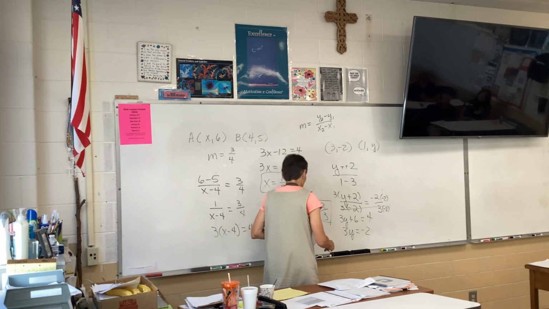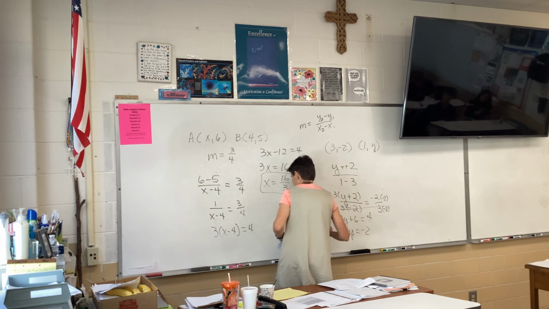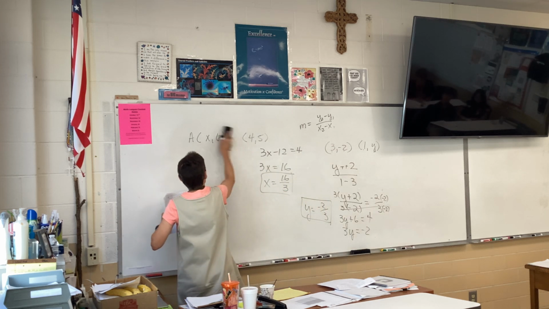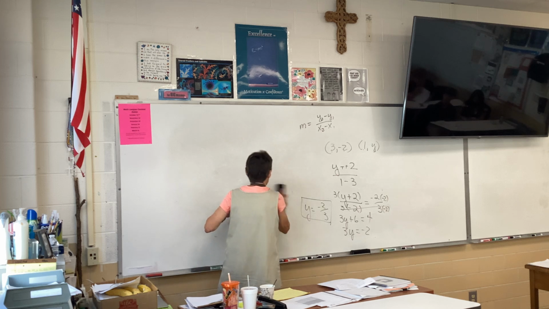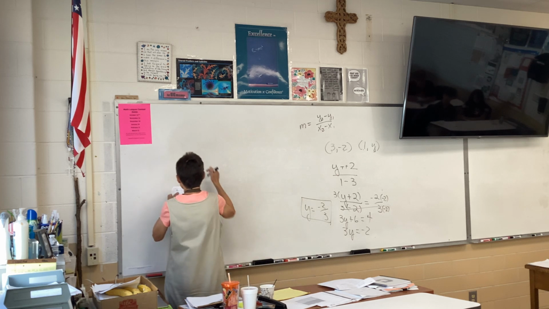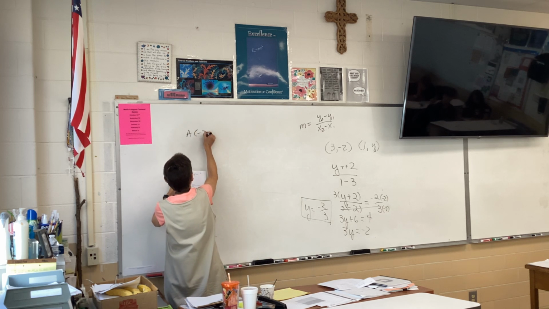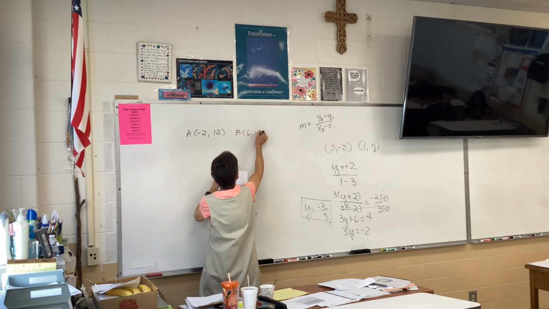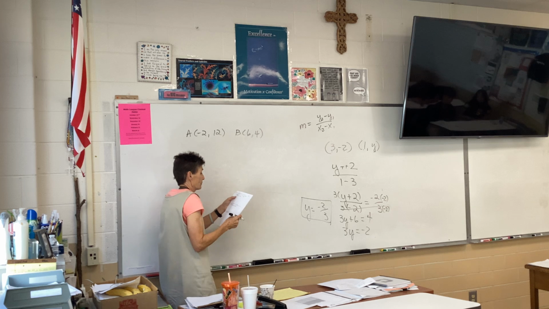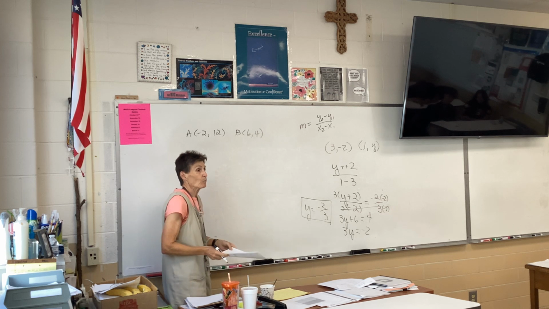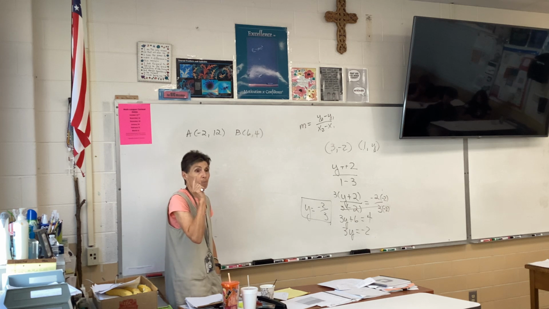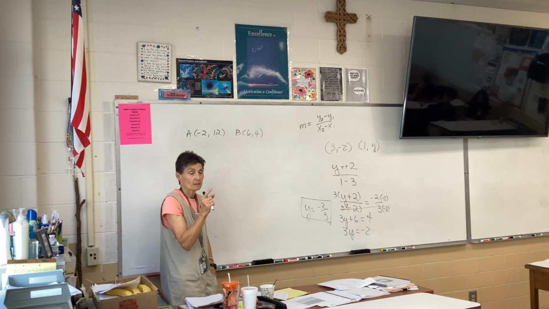Alright, number 3. I had to make a correction on one of my points, so it's kind of hard to read. Our points are negative 2, 12, and 6, 4. And we're going to write the equation of the line using point slope.